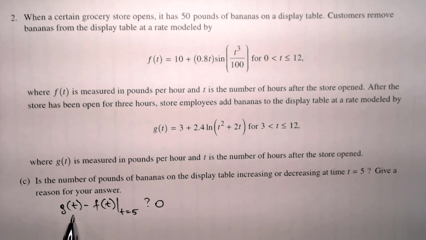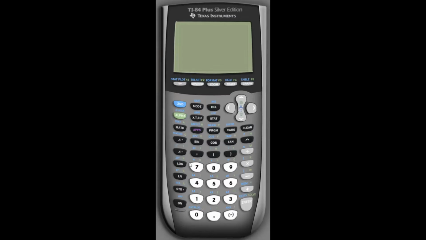So we need to calculate this number at t equals 5, and we do that with a calculator. So let's calculate g of 5 minus f of 5 here.